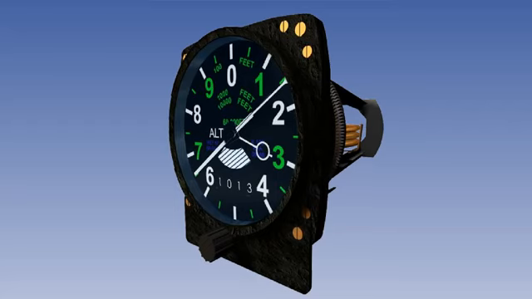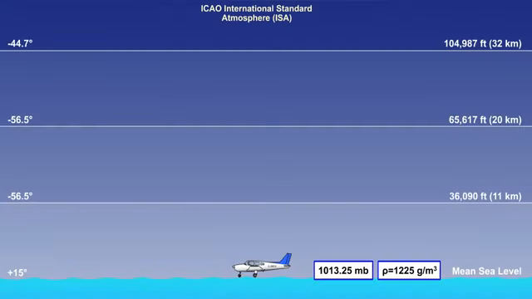ISA conditions assume the following. Firstly, that mean sea level pressure is 1013.25 millibars or hectopascals, and the temperature is plus 15 degrees Celsius, while the air density is 1,225 grams per cubic meter.